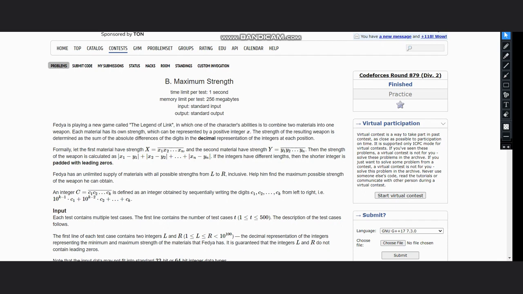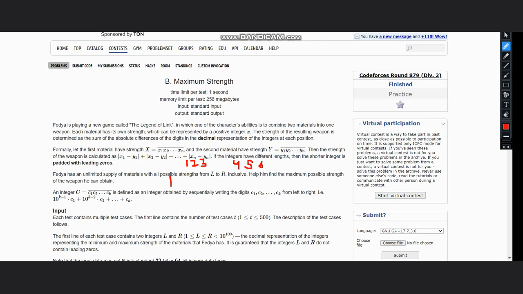Formally, let the first material have strength x. X is denoted as x1 to xn whole bar and y is represented as y1 to yn whole bar. Then the strength of the weapon is calculated as |x1 minus y1| plus |x2 minus y2| plus |xn minus yn|, absolute numbers. So suppose I have capital X as 123 and Y as 456.